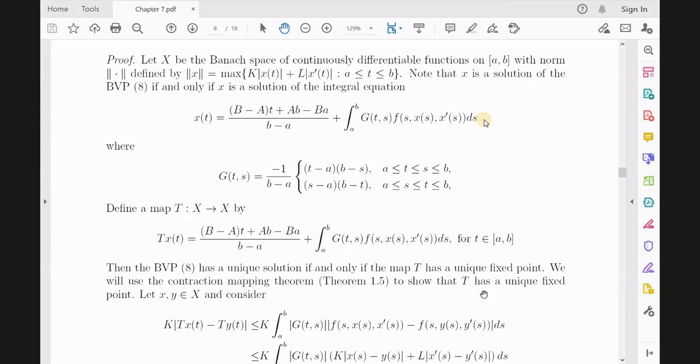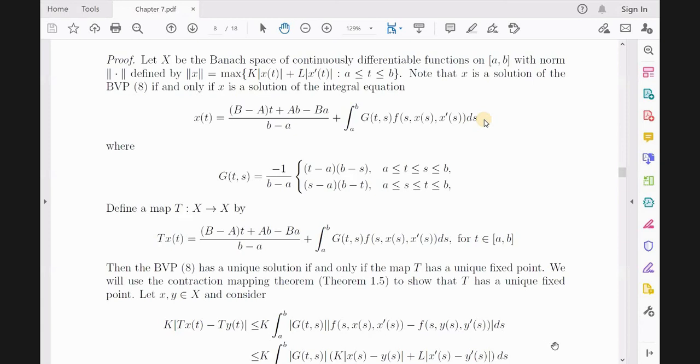So for x, y belonging to X, consider K into |Tx minus Ty|, which is less or equal to K into integral from a to b of |G(t, s)| into |f(s, x(s), x'(s)) minus f(s, y(s), y'(s))| ds.